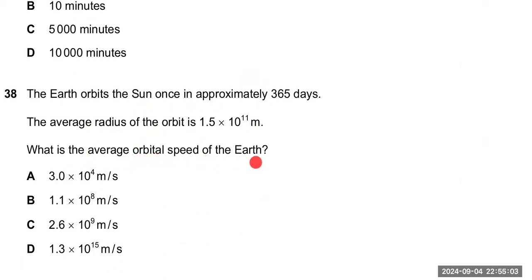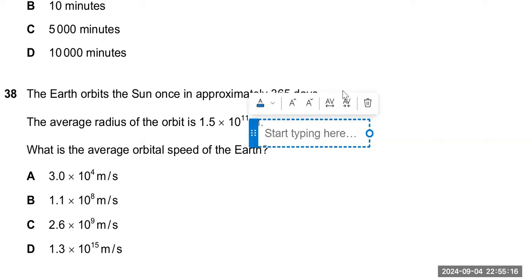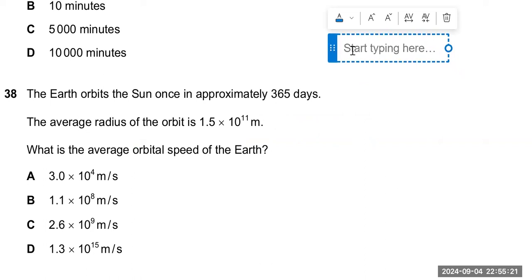So it is a very easy question. I will solve it here in front of you. The formula is V equals 2 pi r divided by time.